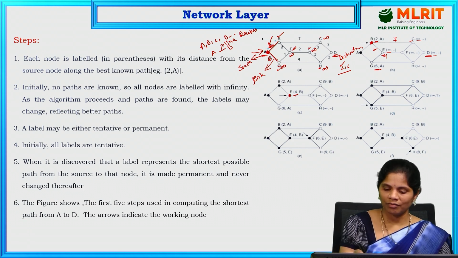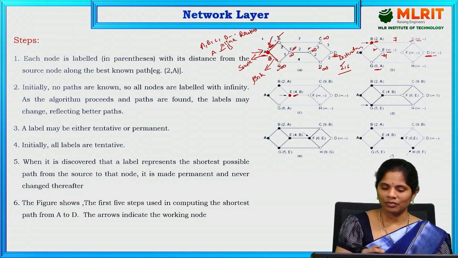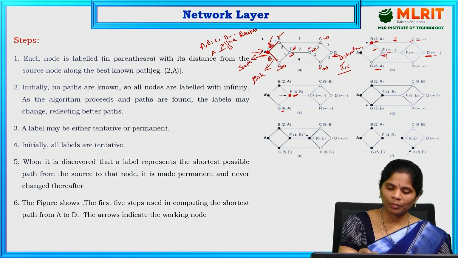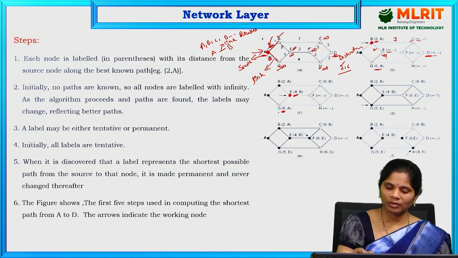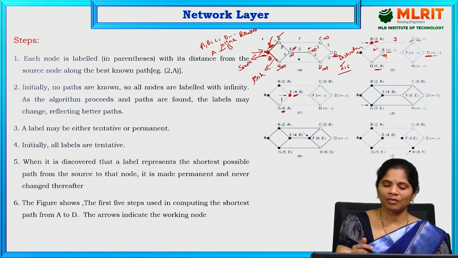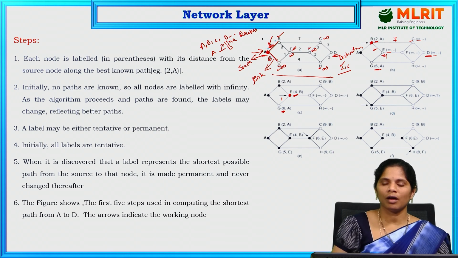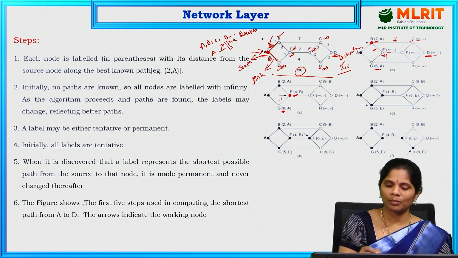After reaching 4, what are the neighboring nodes of E? Already here the cost is 6, since A to G the cost is 6. That's why we wrote 6. From E to G how much is the cost? It is 1. All the costs are indicated in the first one, A, here we indicated all. So E to G is nothing but 1.